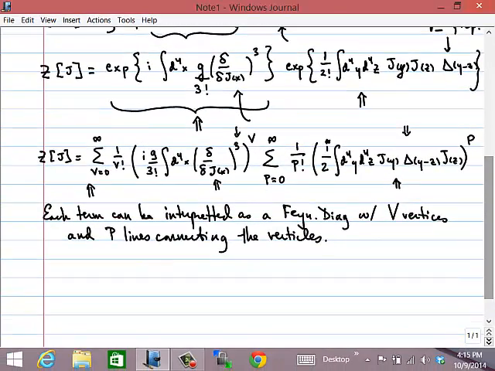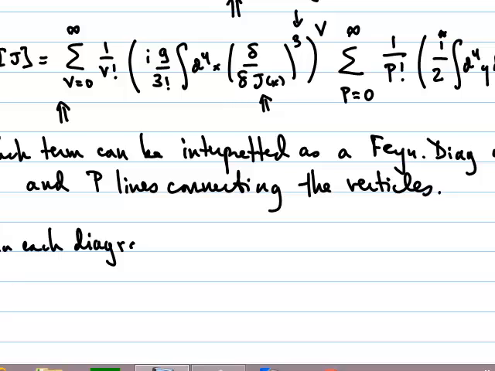So just to make that a little bit more explicit, in each diagram we will have some number of external sources. That's to say, you'll have some number of J's.